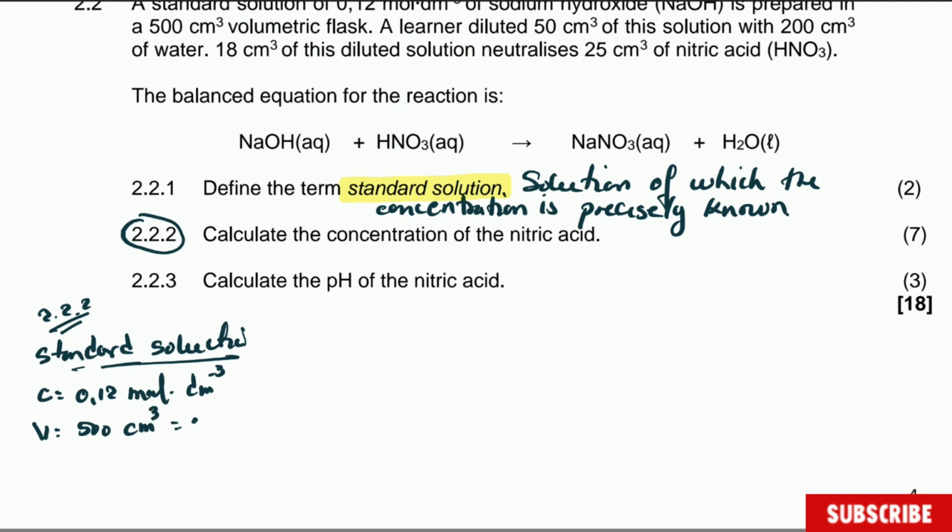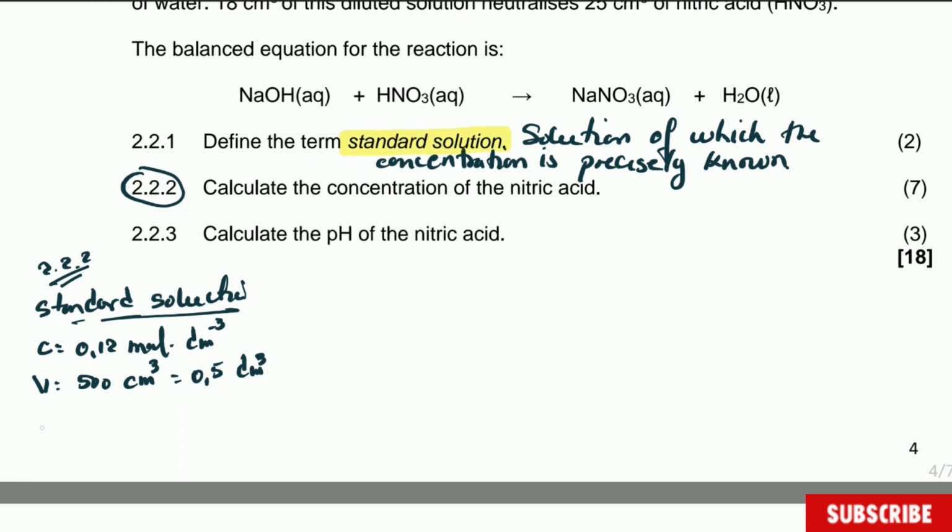We have to convert. You divide by 1000. If you don't remember, guys, this is cubic decimeter. Using this, we are going to calculate the number of moles in that specific solution.